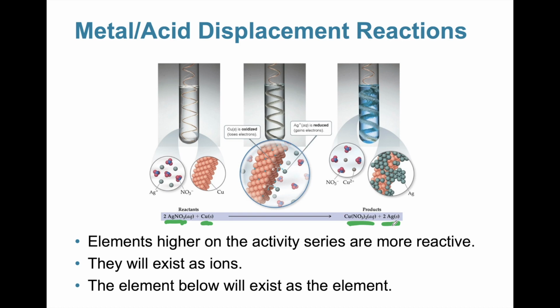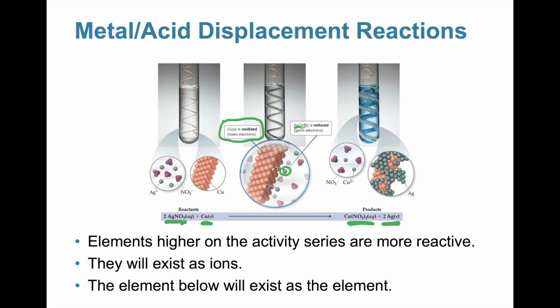And so again, this is one of those reactions where you think that nitrate had something to do with the redox reaction, but it doesn't. Once we have copper in the mix, it's going to lose some electrons to silver, right?